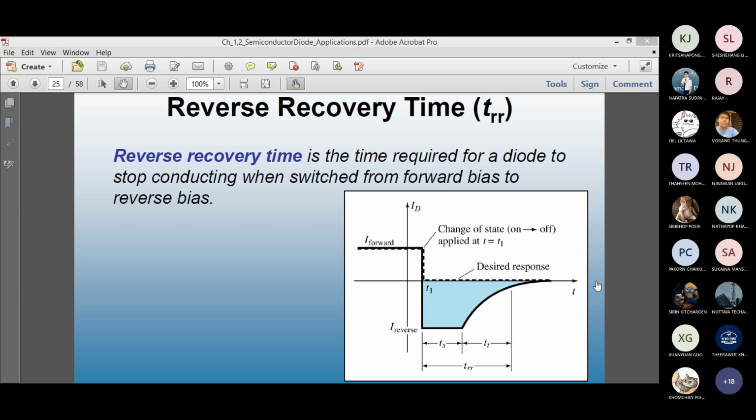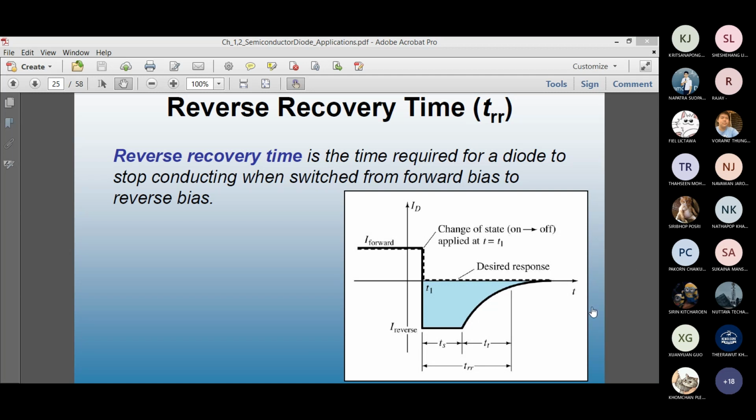What is your expected current from forward bias to reverse bias? Minus 100. That is what you expect when you change the bias?